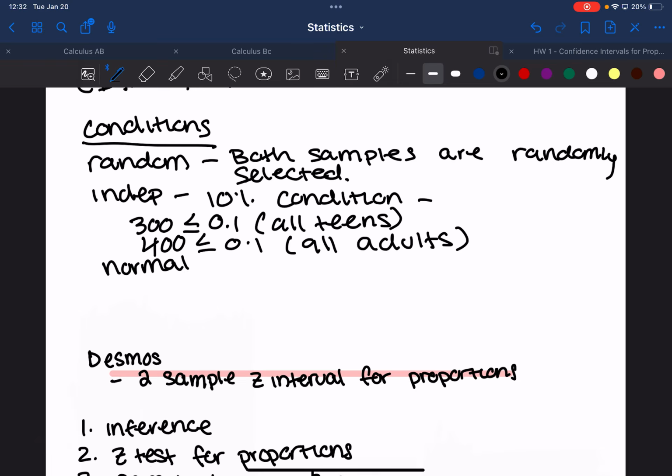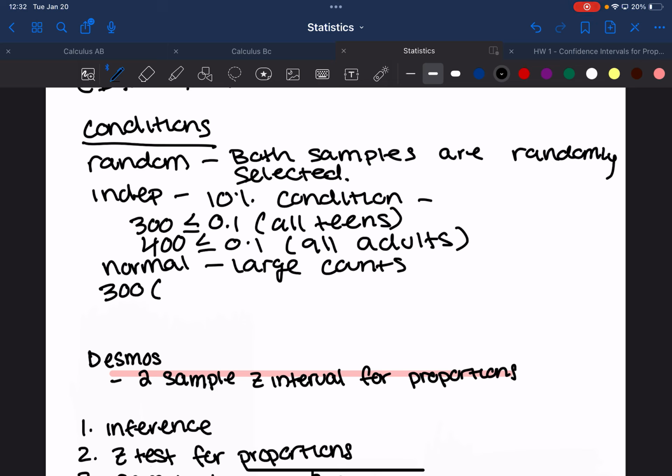Okay, for normal is the large counts condition. And that is where we need to check the N1 times P1 and see if that's greater than or equal to 10, and N1 times 1 minus P1 greater than or equal to 10, and then also for the other sample.